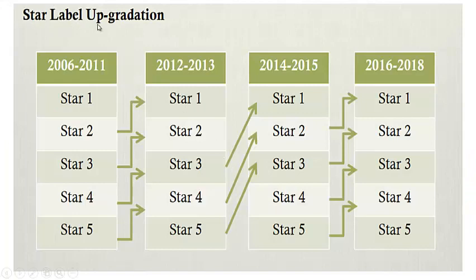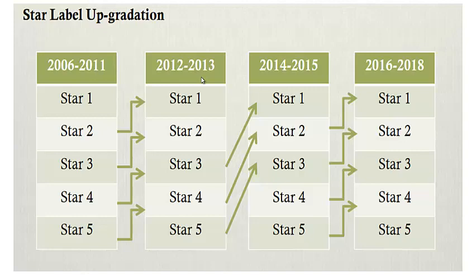Star label upgradation: usually every 4 to 5 years or sometimes yearly, these stars get upgraded. In 2006 to 2011, you can see star 2 was converted to star 1 in 2012 to 2013, because of the improvement in technology.